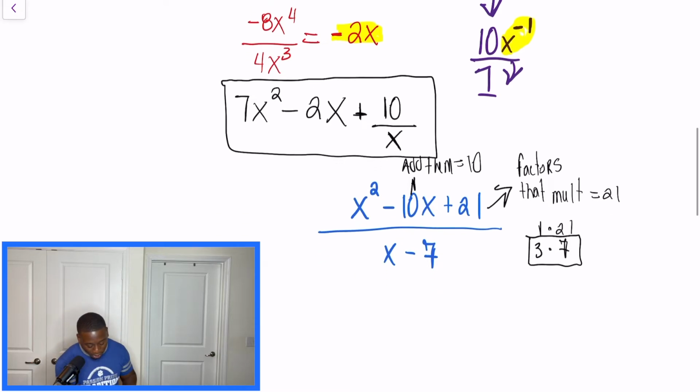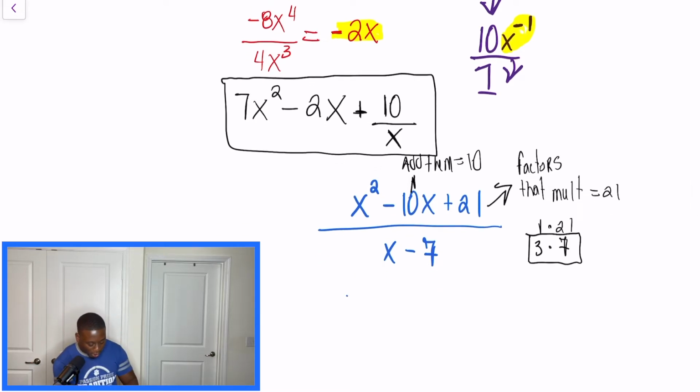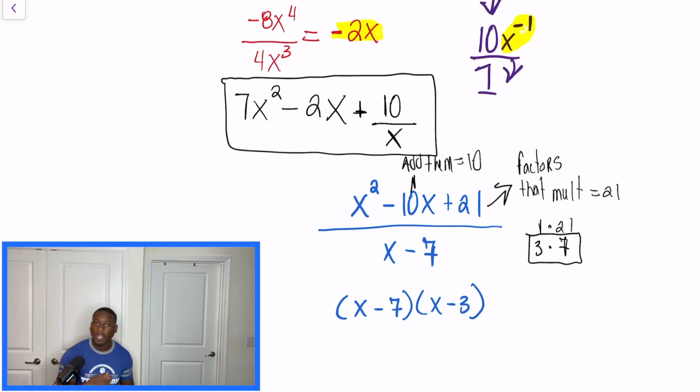So now let's break this down a little bit more. On top, I know if I have x minus 7 and x minus 3, that's going to give me that same trinomial of x squared minus 10x plus 21, right?